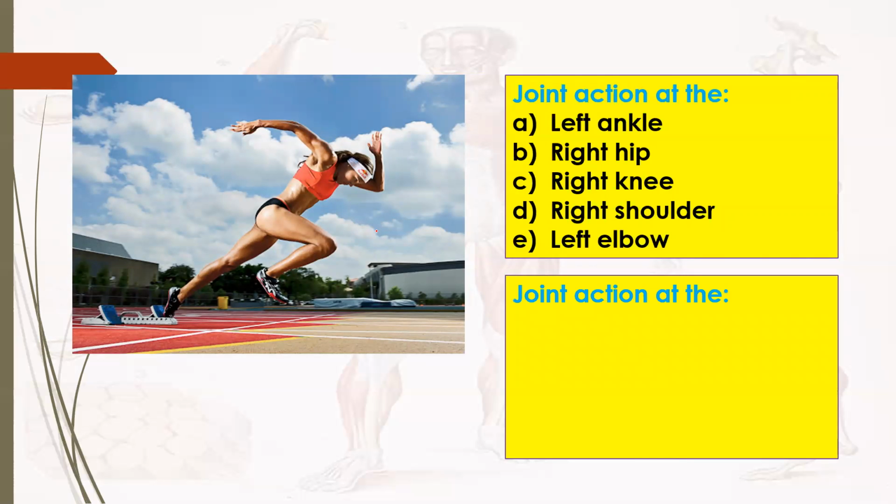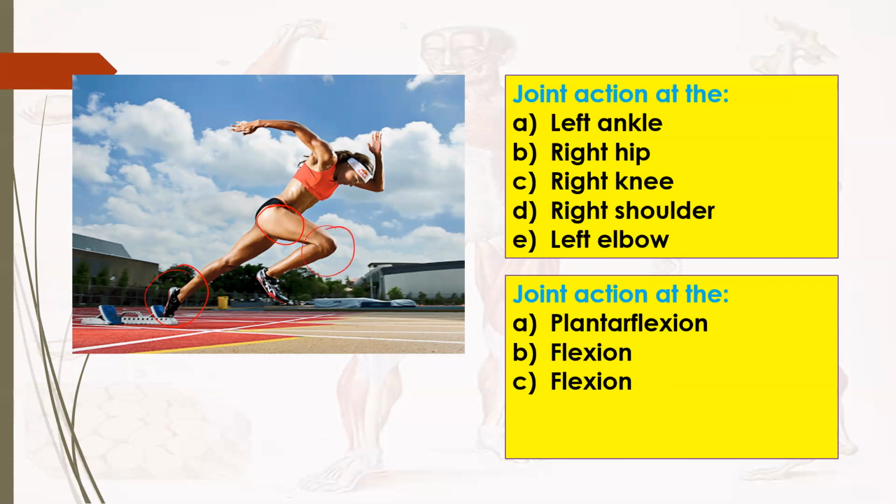And the joint action, so left ankle, plantar flexion here, pointing of the toes away from the knee. The right hip, so here that hip is being driven forwards, it's a decrease in an angle at the joint, that is flexion. The right knee, clearly come up there, that's a decrease in the angle of the joint, it's also flexion.